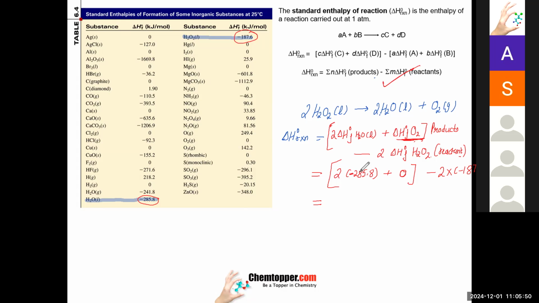What's the sign of delta H here? Negative or positive?